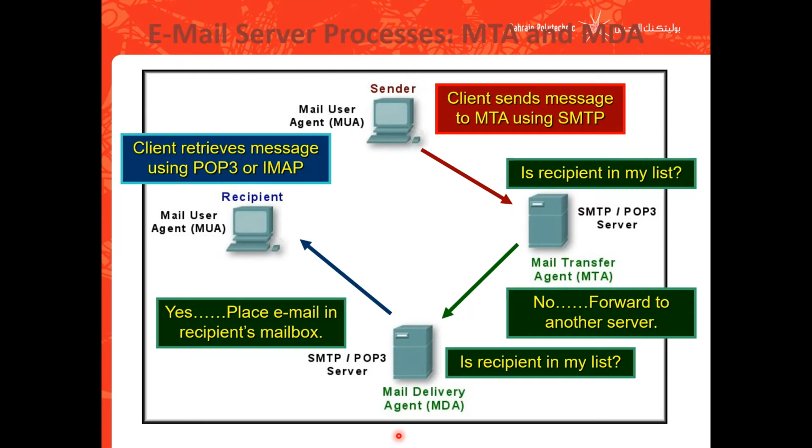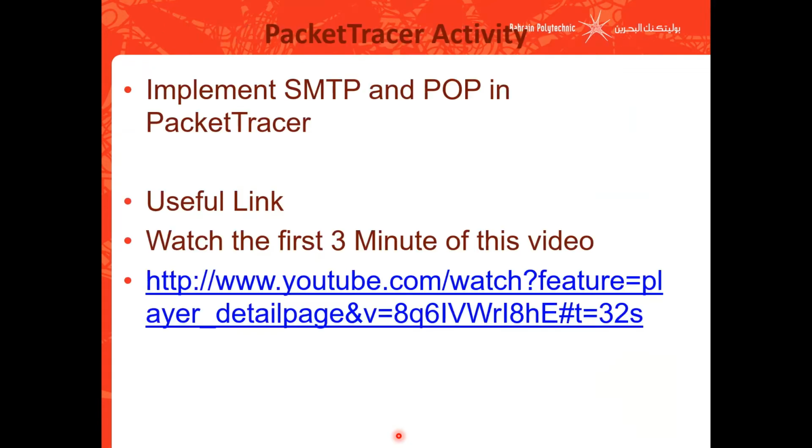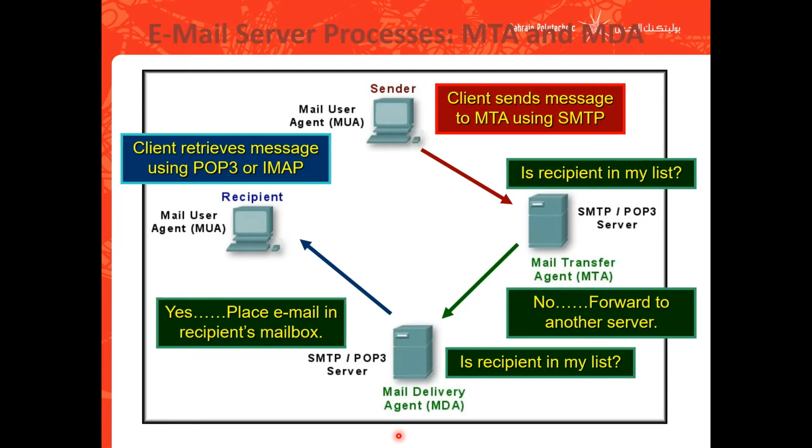And then the recipient, the person who is supposed to receive the email, will retrieve the message and open it either using POP or IMAP. Okay. Now, before we start the activity, what is the basic difference between POP and IMAP?